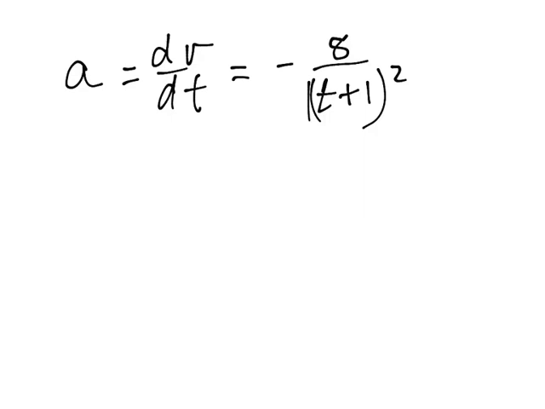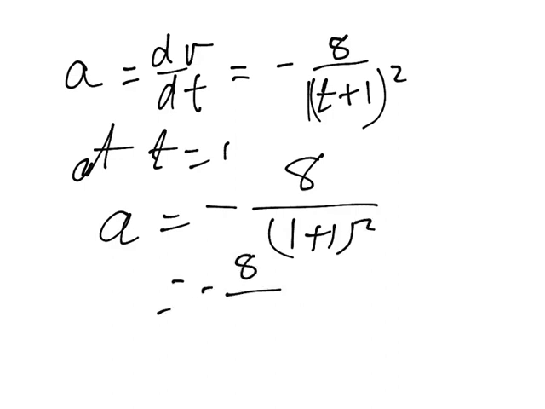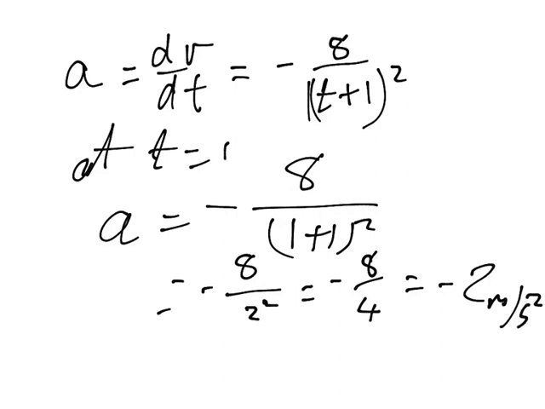And then we need to just substitute. So at t equals 1, the acceleration is negative 8 over (1 plus 1) squared, equals negative 8 over 2 squared, equals negative 8 on 4, equals negative 2 metres per second squared.